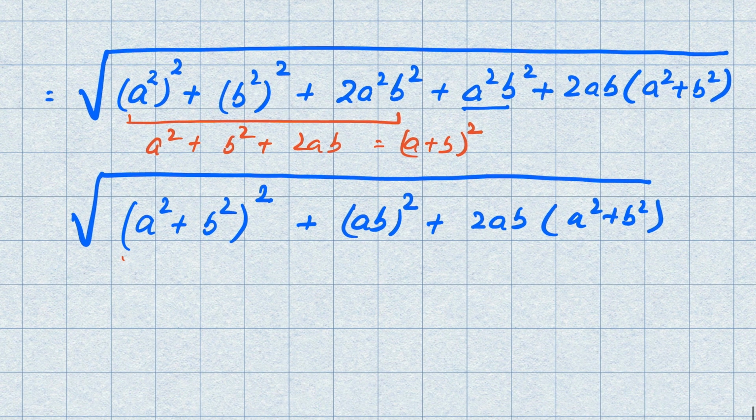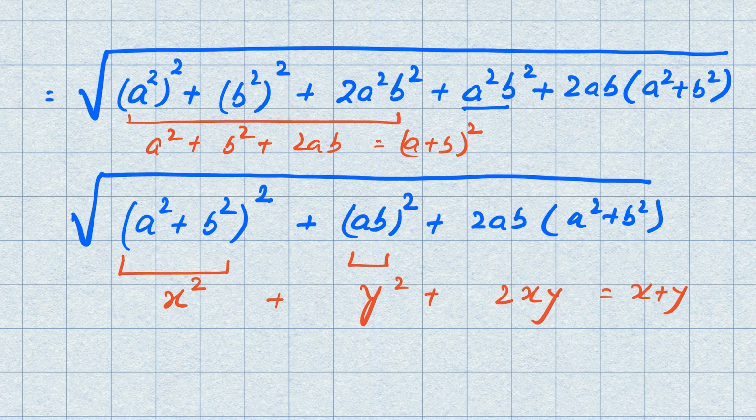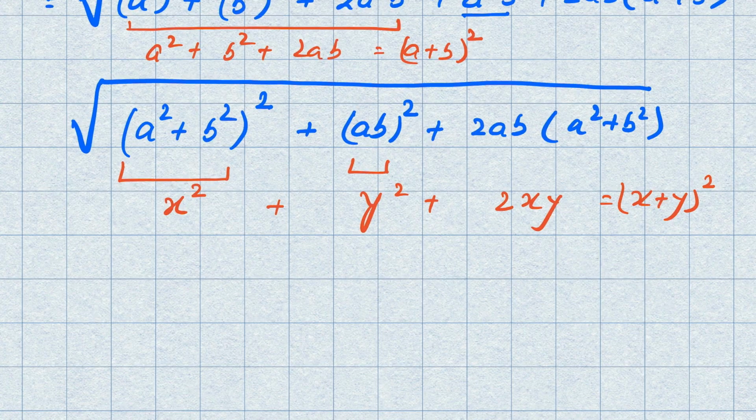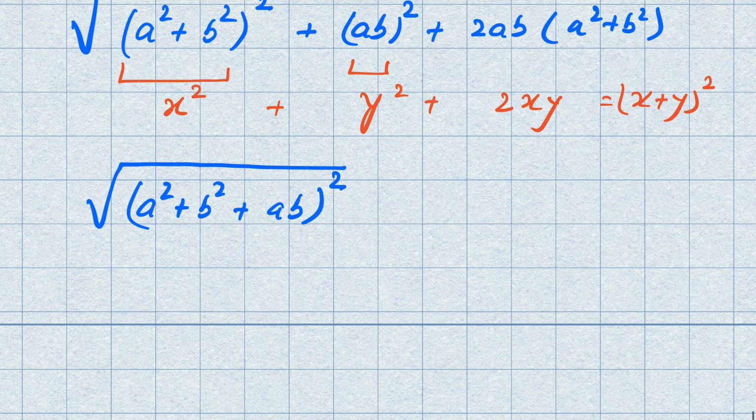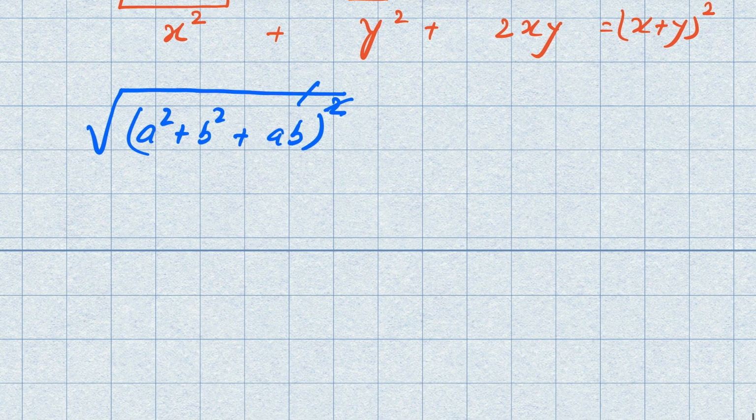Again, if you consider this as one term as x and AB as y, then this is in the form of x square plus y square plus 2xy, and this is equal to x plus y whole square. So this we can write as A square plus B square plus AB whole square under square root. Now we can remove the square root with the square. So we have A square plus B square plus AB.